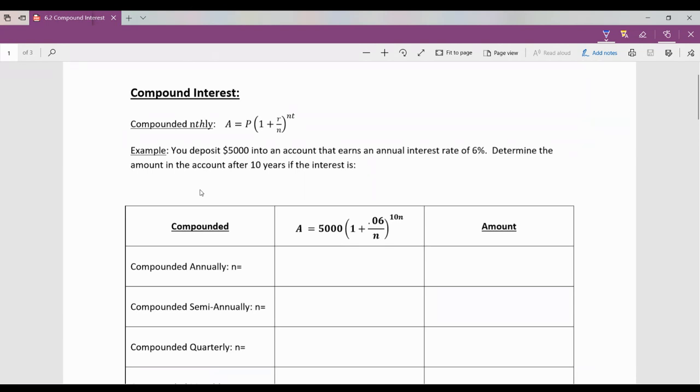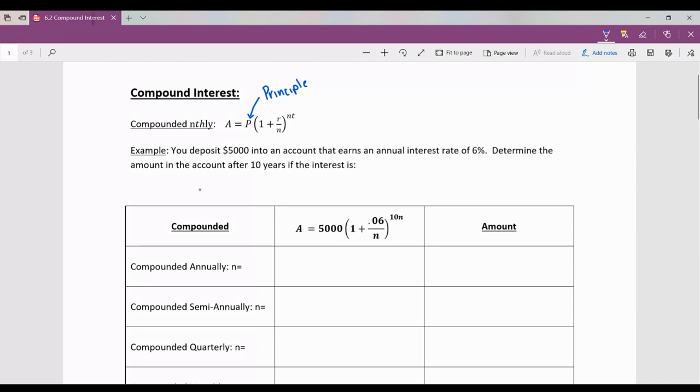So talking about this equation that we are given, A equals P times (1 plus r over n) to the nt. P is my principal, spelled different than principal, like the principal of our building.